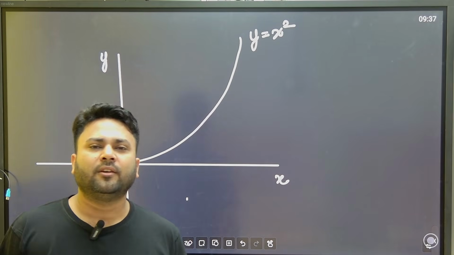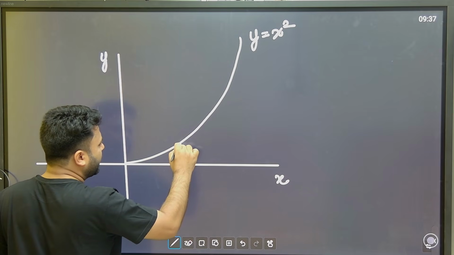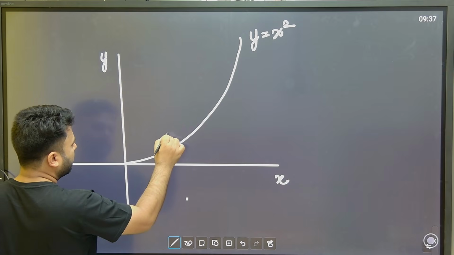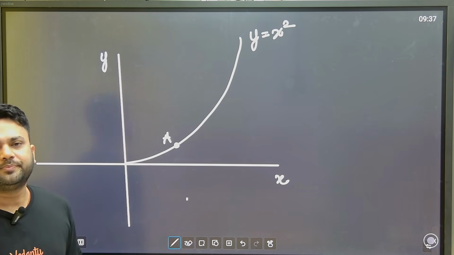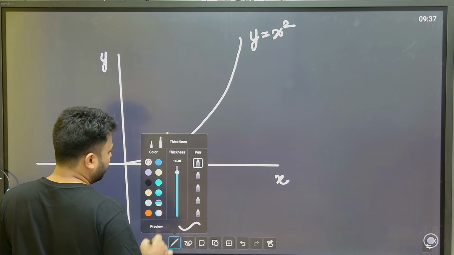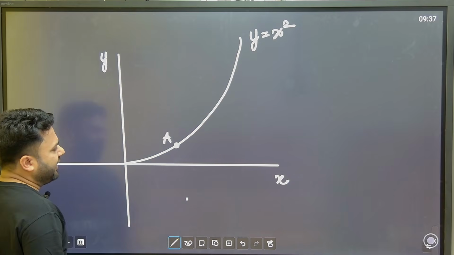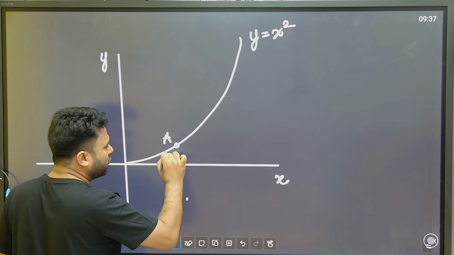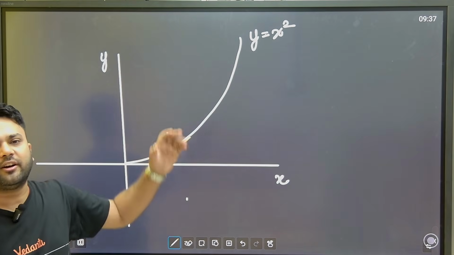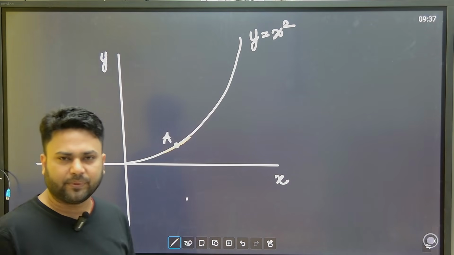If they ask what is the slope of this curve at any point, suppose this point A. So what to do? First of all, for the slope of this Y equals X square graph at the point A, you have to draw one tangent to this curve passing through this point. Now you can visualize the slope.